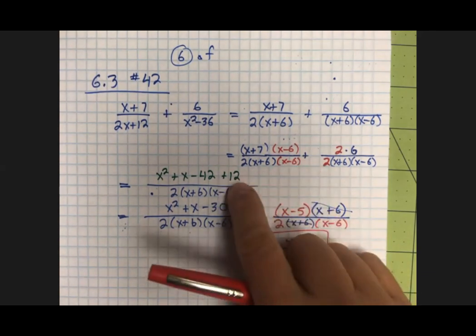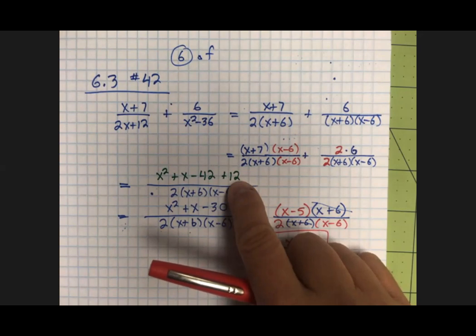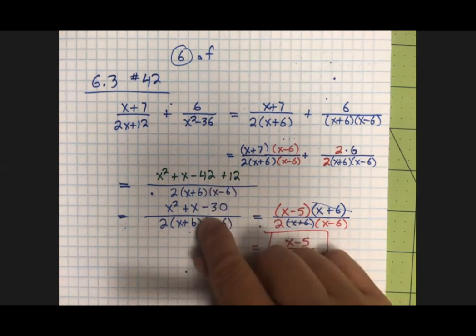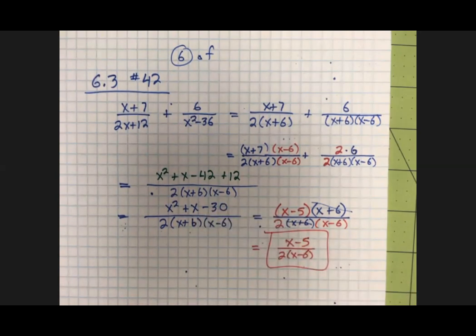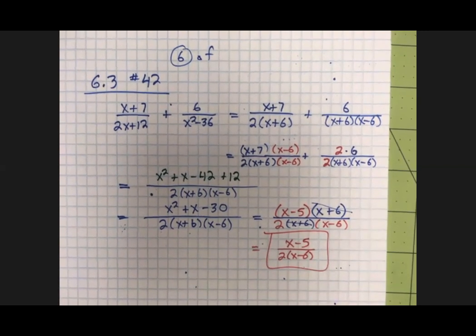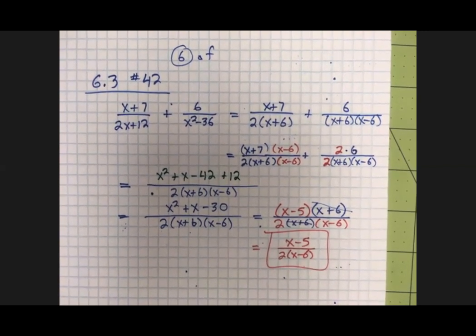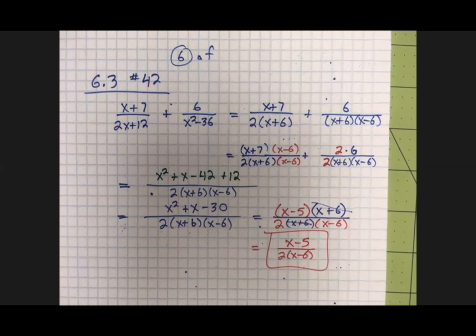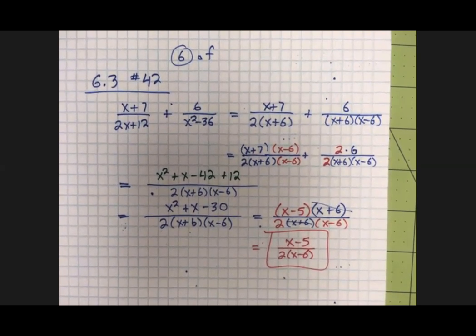Then there could be a good pile of work adding together the numerators properly, adding or subtracting. And there could be more work down here. Maybe you can factor and cancel. So these problems, the add and subtract rational expressions, they are among the longest problems that you do in this book. They're among the worst case scenario.